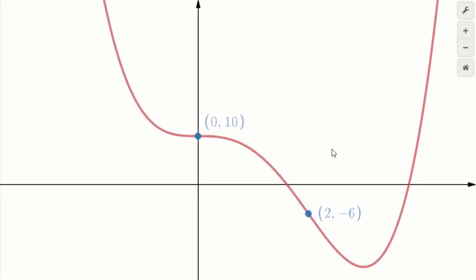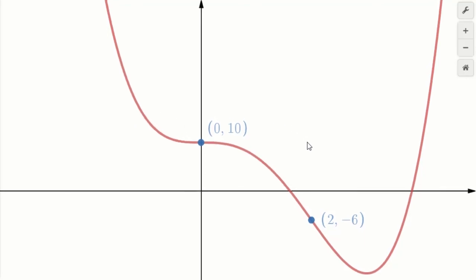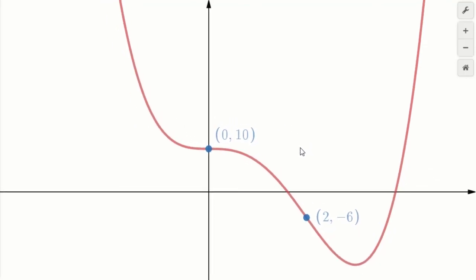So now in part B, I was looking at those intervals for concave up and concave down. Let's have a closer look to see how the graph is consistent with our results on the board. The interval between negative infinity and 0 was, according to our calculation, a concave up interval.